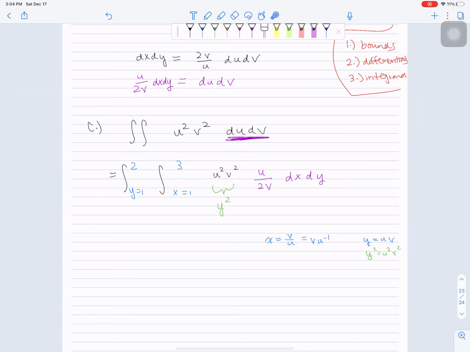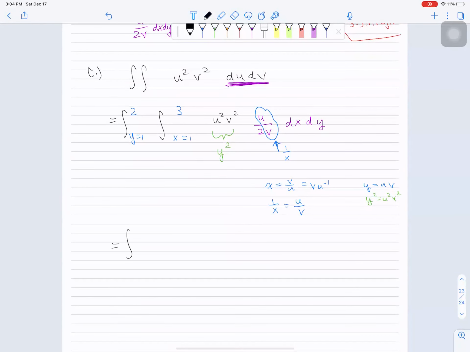Okay, but what about this part? This part is a little bit off. We have u over v, but x is v over u. But what can we do? It's kind of like we have the reciprocal, right? So what if 1 over x would be u over v? And that's exactly what we have. This is 1 over x.